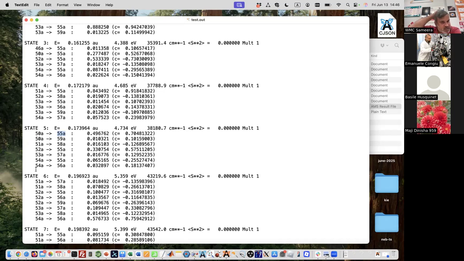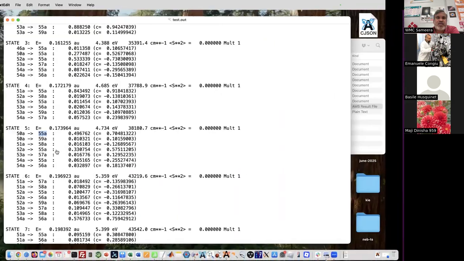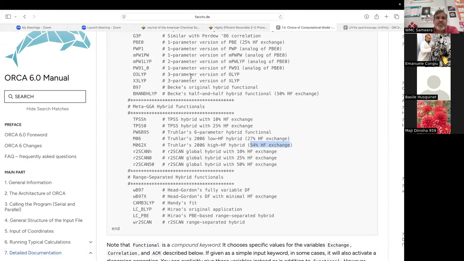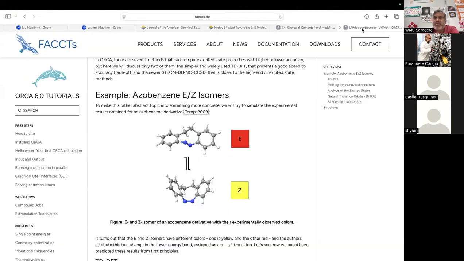But there is a technique you can use to simplify this problem. Let me go back to the tutorial. Yeah.